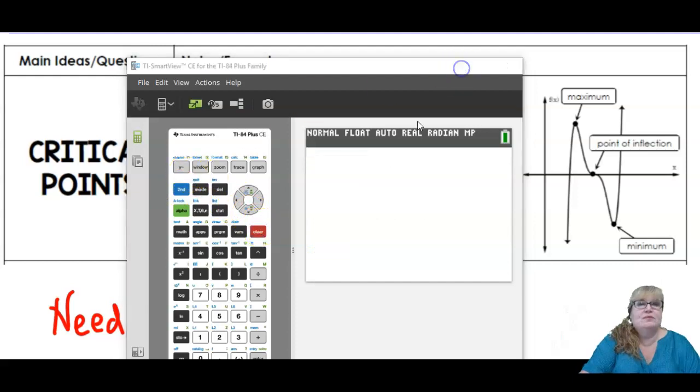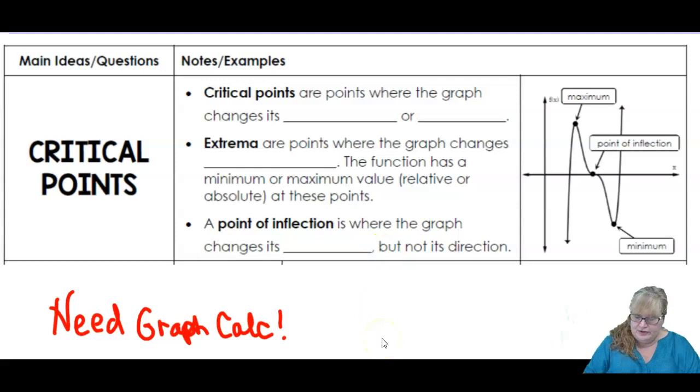All right, we're going to do a bunch of stuff on the graphing calculator in a minute, but first we're just going to talk about it from looking at a picture. So critical points are points on the graph where the graph of a function changes its direction or even just changes its shape.